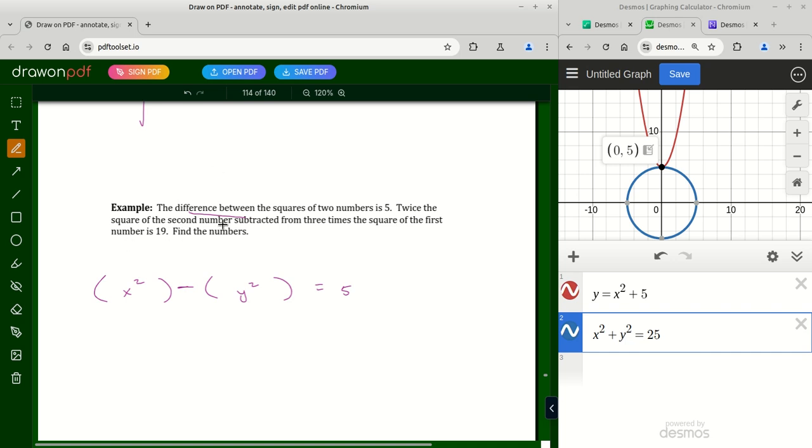Twice the square of the second number. Okay, hold on. That means twice this guy. Subtracted from, so it means it's on this side of it. 3 times the square of the first number. So they're trying to say 3x squared is 19. I guess.